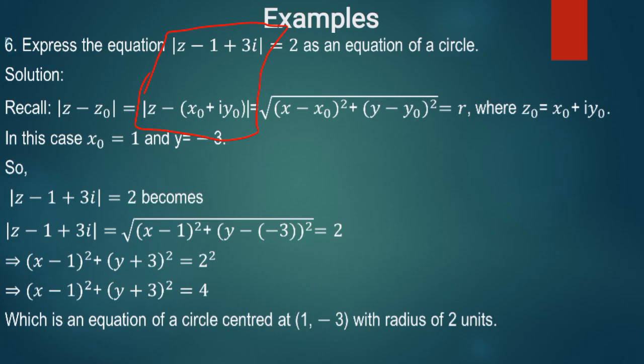On the screen you have z minus 1 plus 3i. If I open the bracket, I want to bring in the minus x, so I'll get minus x0. Opening the bracket, minus times plus will be minus iy0. Based on that, can you tell me what x0 is? x0 is clearly x0.